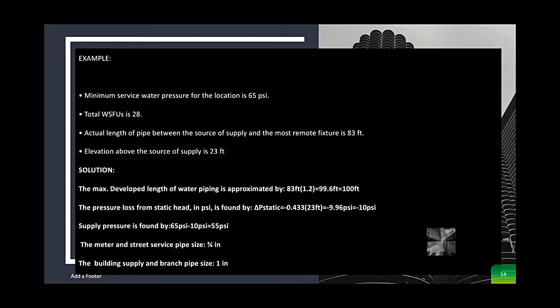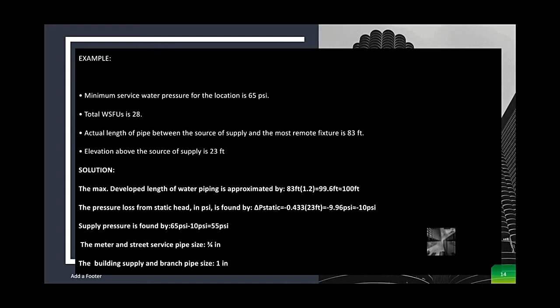And then, step 2 is to compute the total WSFUs. And we have 28 in this problem, given siya. At kapag hindi siya given, makikita natin to dun sa table 13.7, yung pinakita ko kanina. And then, step 3 is to calculate the maximum length of the water pipe.